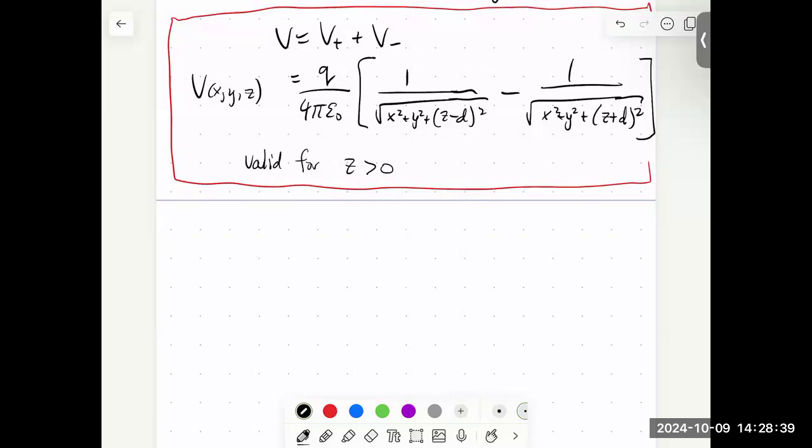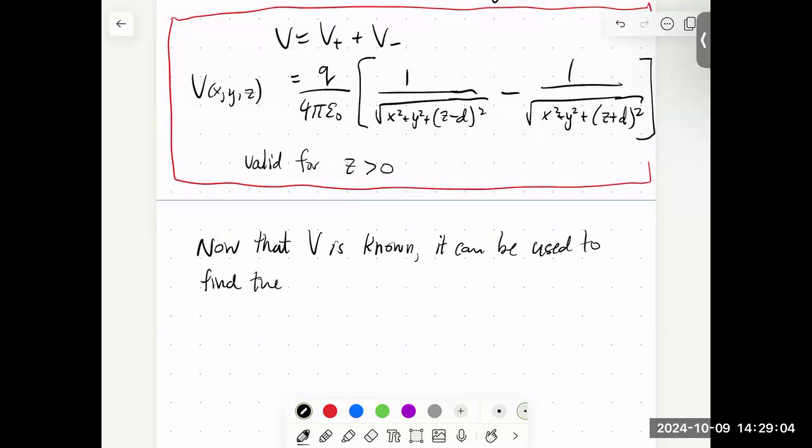Let's see how much negative charge is accumulated in that ground plane, just below that positive charge. Now that V is known, it can be used to find the surface charge.